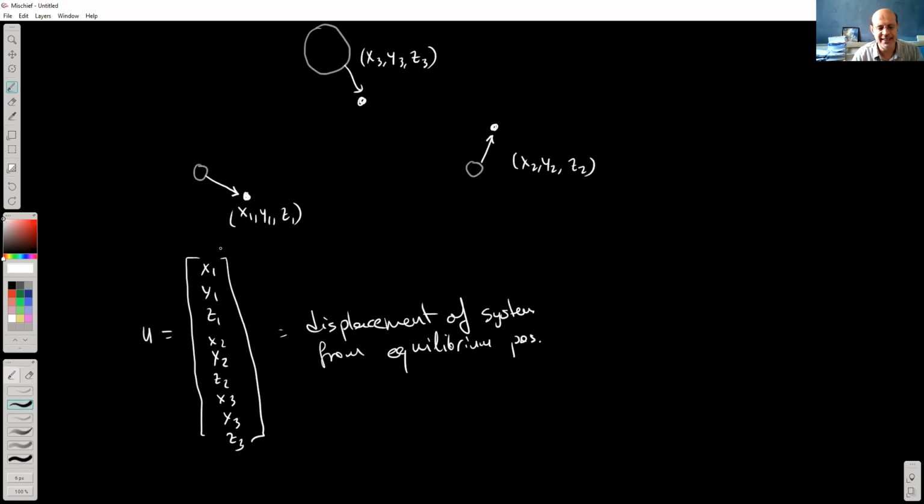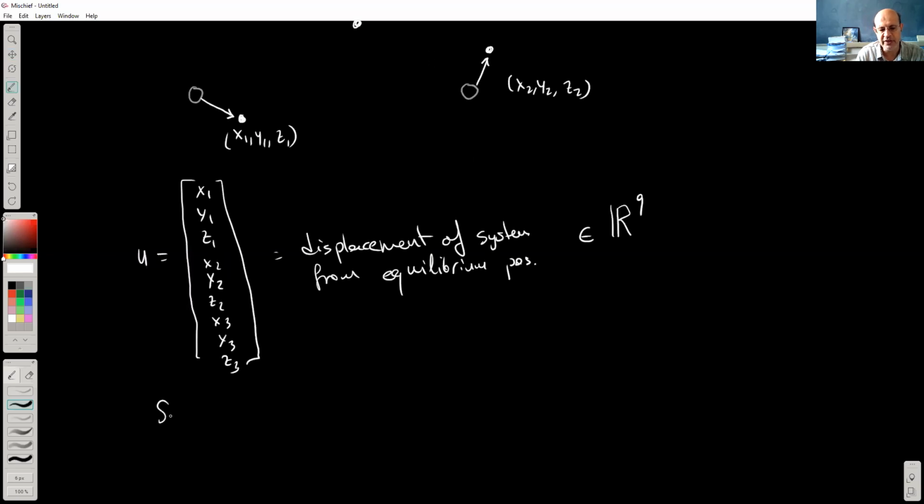I expressed it in a complicated way. In any case, we have a displacement which is an element of a 9-dimensional vector space, okay? And the symmetry operations basically induce some kind of representation in here.